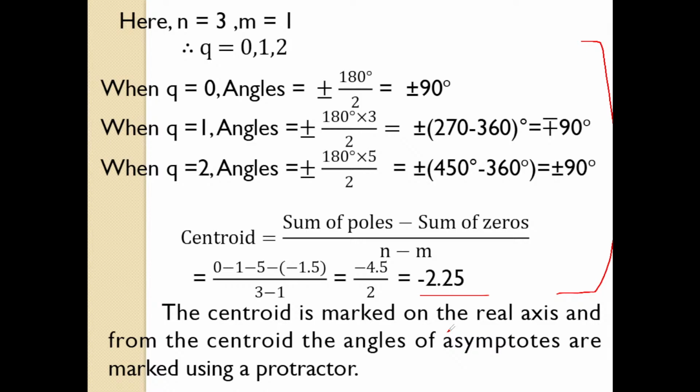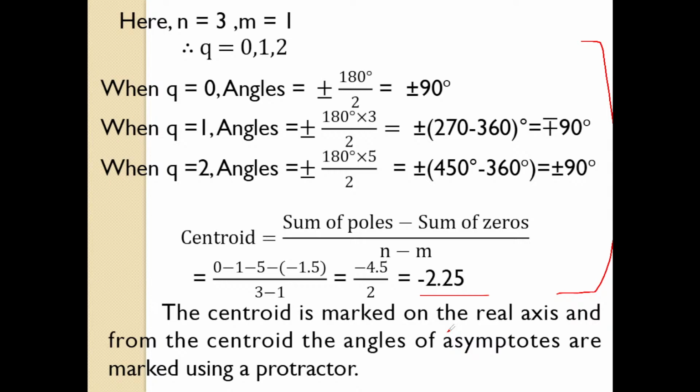Now, step number 4, to find the breakaway and break-in points. For that, let us determine the closed loop transfer function, G(s) by 1 plus G(s). We are not writing H(s), because it is a unity feedback system.